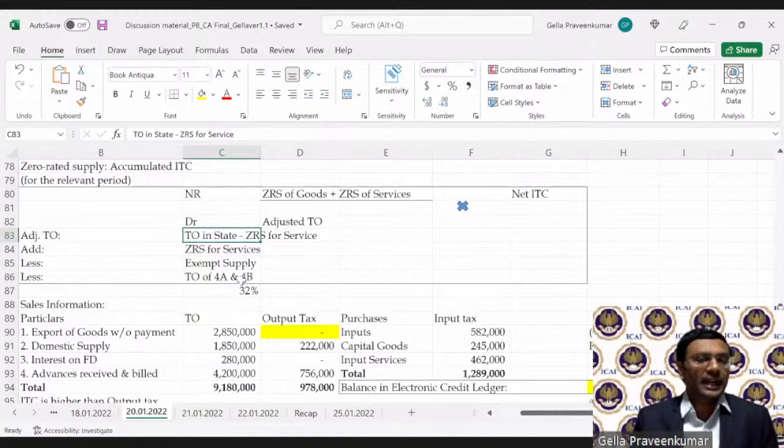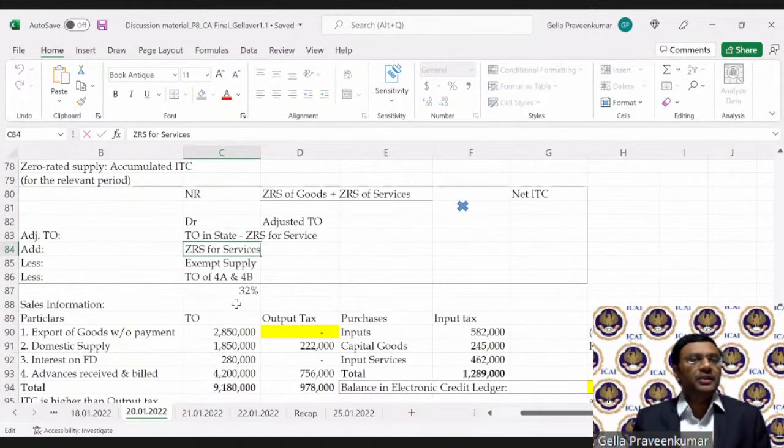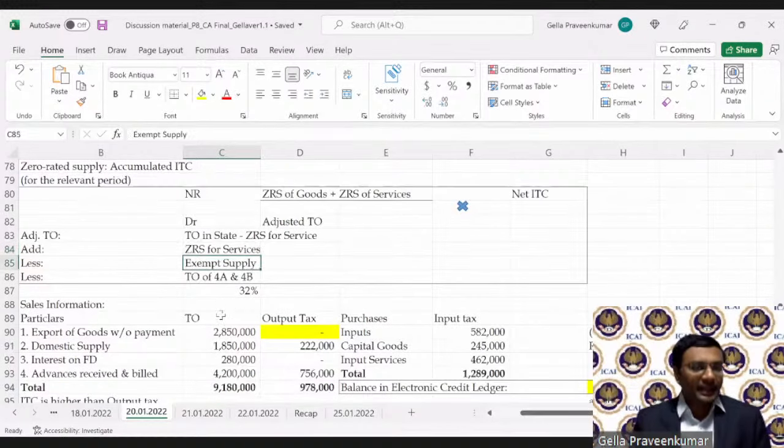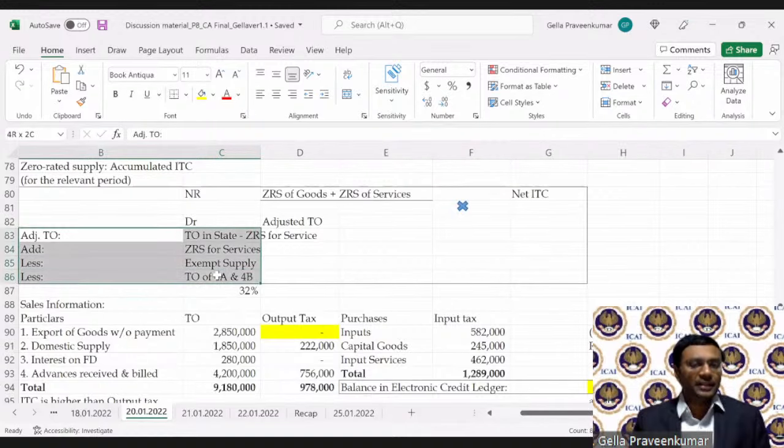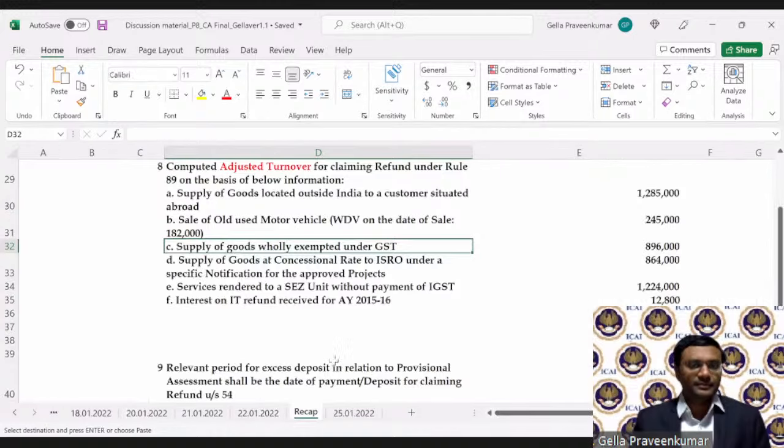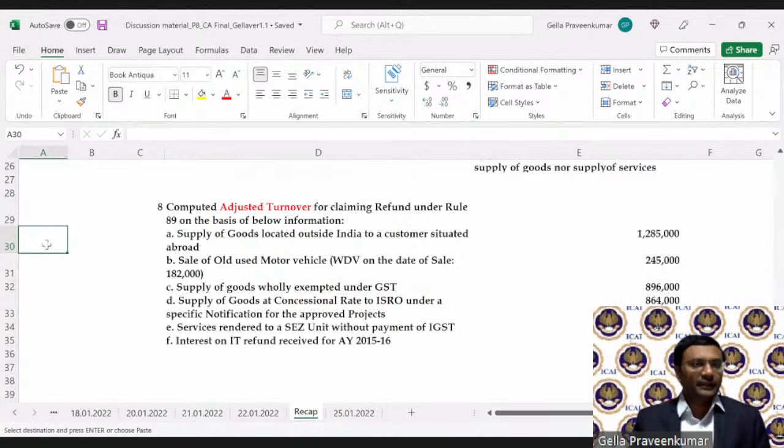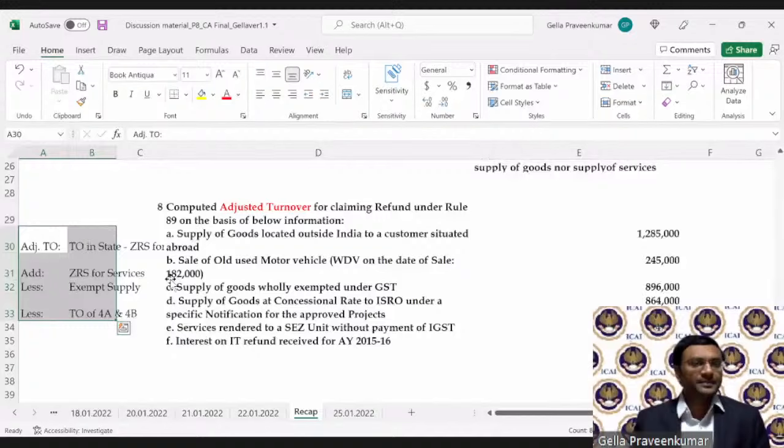So I'll exclude zero rated supply of services, I'll add value received for the money for zero rated supply, exempt supply I'll exclude, and turnover for 4A, 4B I'll be excluding. So this is the formula given under Rule 89.